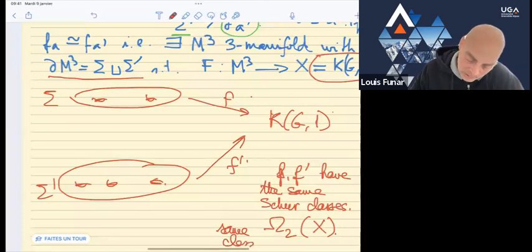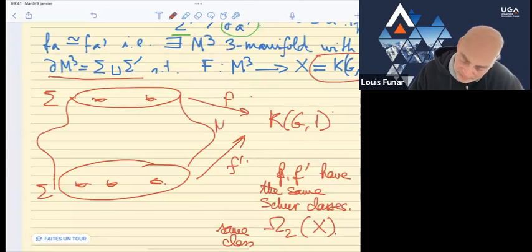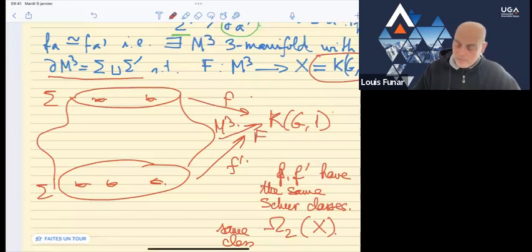So there exists an M3 going this way with the map big F here.